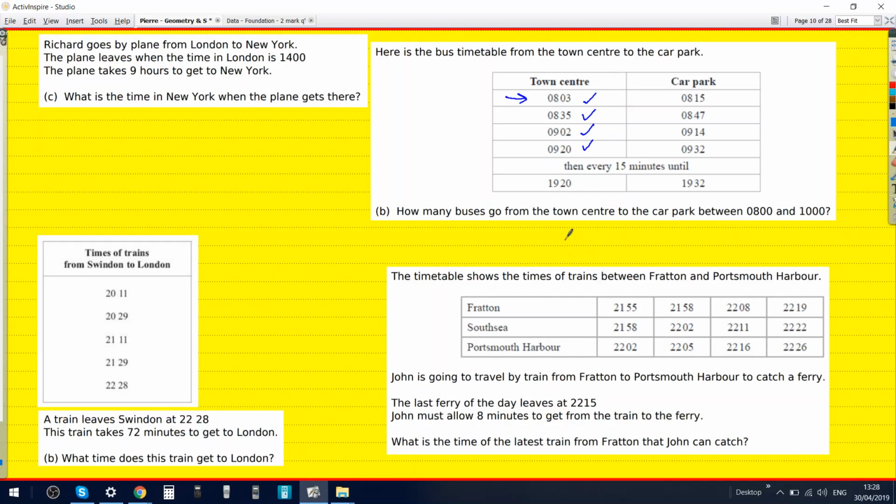So will there be any more? 15 minutes from 9:20 would be 9:35. And then 9:50. That'll be the last one then, because another 15 on top of that would be 5 past.